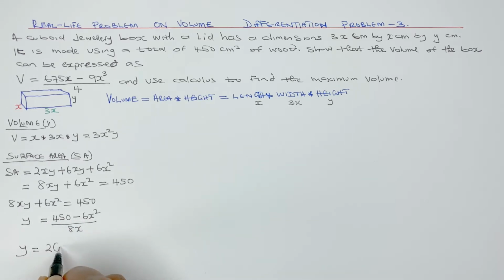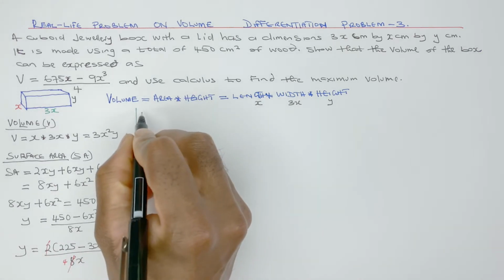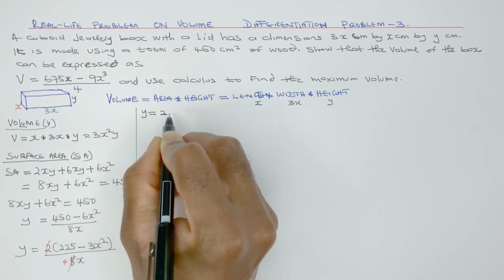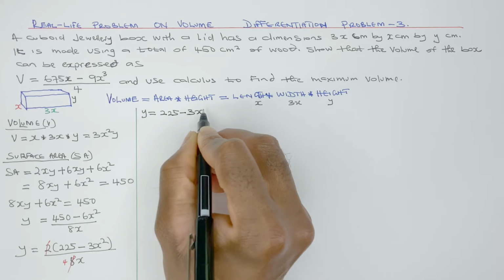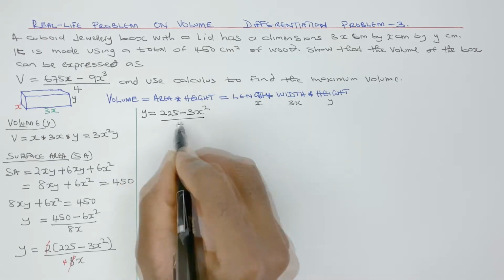If I take 2 out, I get 2 times 225 minus 3x squared over 8x. I can see that 2 cancels there. So 2 there, 1, and 2 there, 4. So there's 4 left. So y equals 2 times 225 minus 3x squared over 4x.